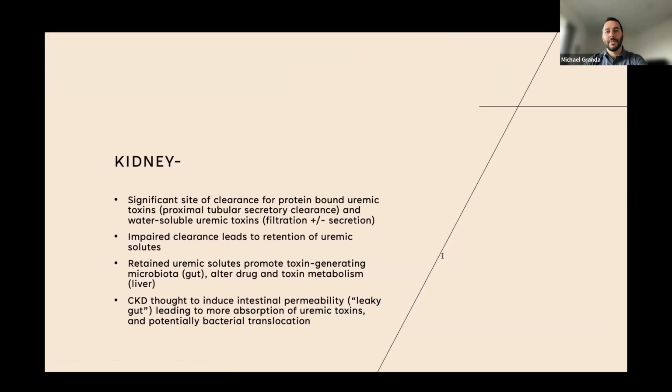The interplay between the gut and kidney is also important. CKD is thought to increase the absorption of uremic toxins and potentially increase the risk for bacterial translocation by inducing intestinal permeability. And this is known as the leaky gut effect.